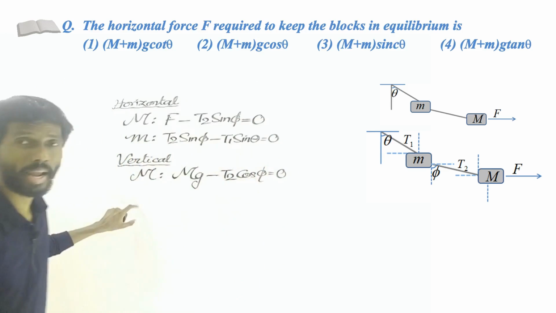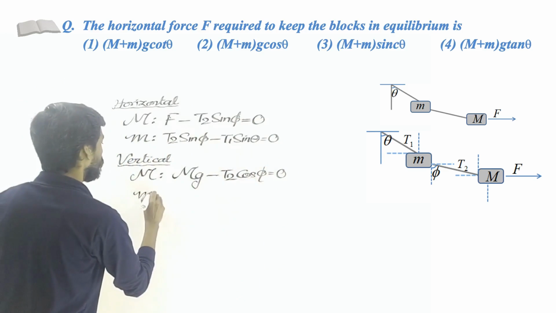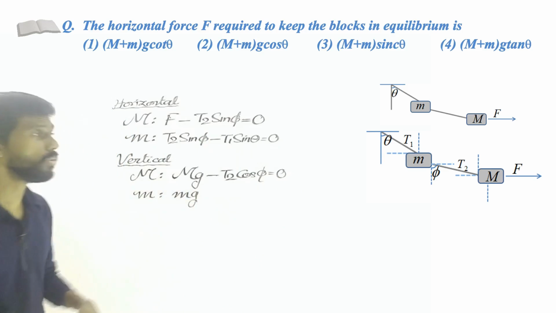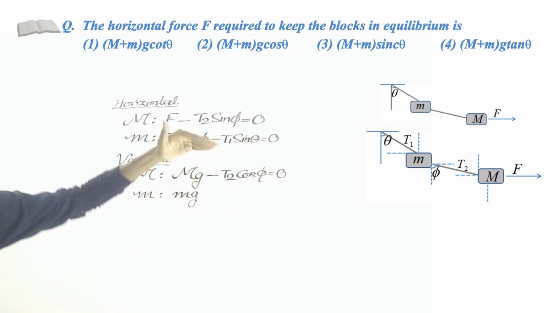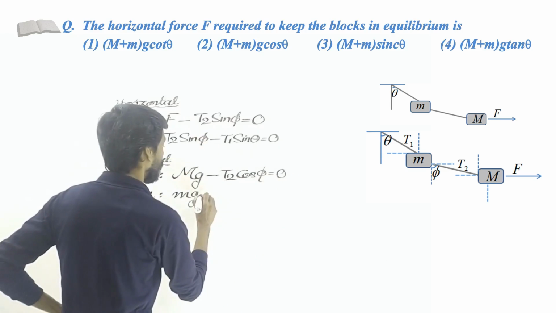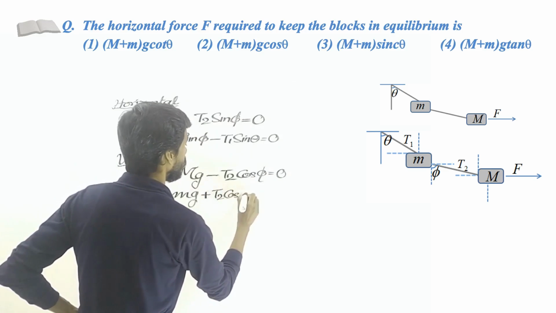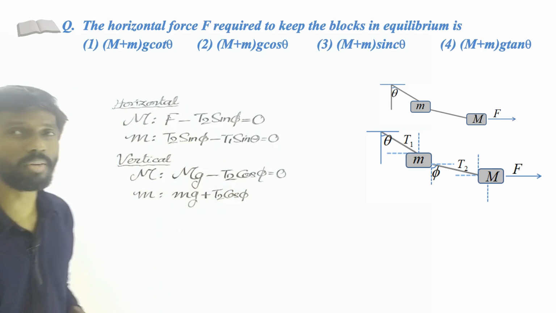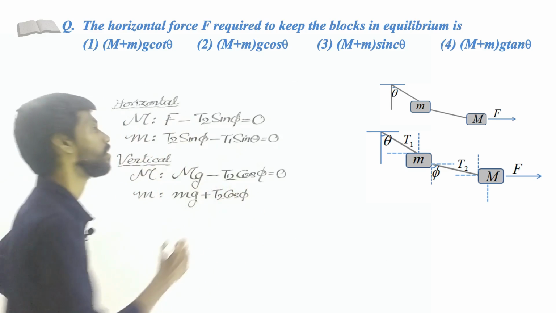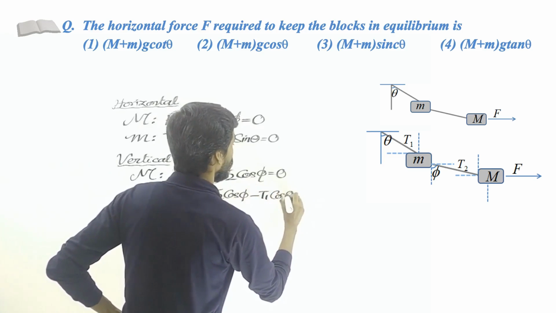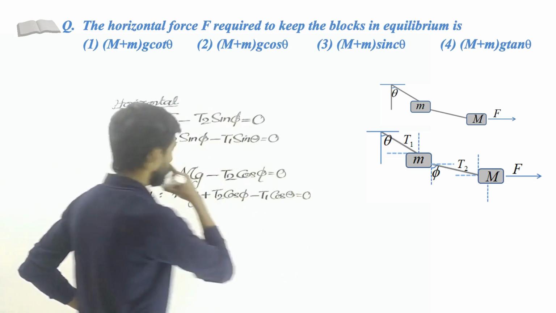So this is for M. Similarly for small m, we can write again mg in the downward direction, and also the component of T2 in the downward direction, so that is plus only because same direction. So plus T2 cos phi. Similarly, the component of T1 in the vertically upward direction, opposite direction, so minus T1 cos theta. So that equals 0. So these are the equations.